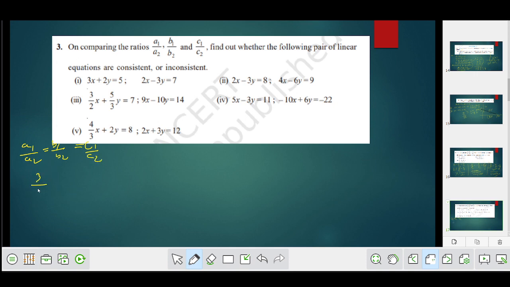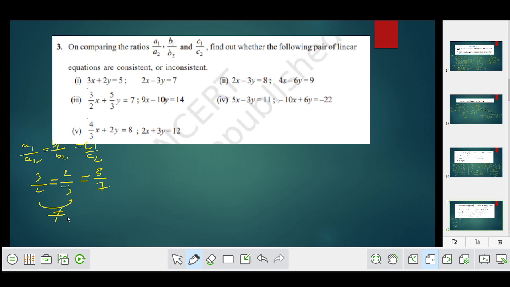Clear? Now 3 by 2 equal to 2 by minus 3, 2 by minus 3 and 5 by 7. Okay, these are not equal.